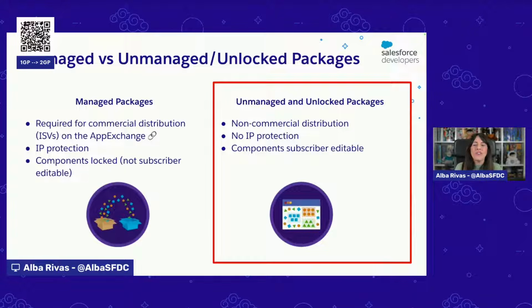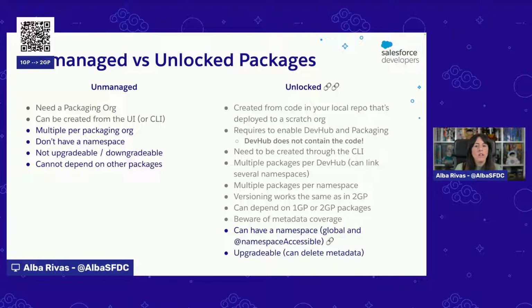Fantastic. So we're going to continue with managed and unlocked packages. As a reminder: no credential distribution, no IP protection, and the components are subscriber editable. So these are very useful to move metadata between one org and the next org in your pipeline. Here I have in gray some features that managed packages have, that were also true for first generation managed packages.